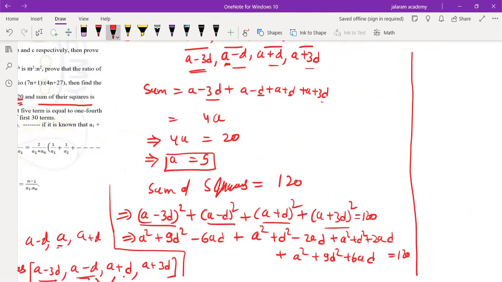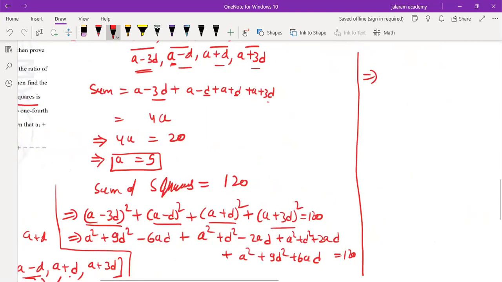And finally, if we observe it, A square plus A square plus A square plus A square is 4A square, plus 9D square plus D square, 10D square, plus D square, 11D square, plus 9D square, 20D square. Minus 6AD plus 6AD cancelled out. Minus 2AD plus 2AD cancelled out. So only the right hand side will be there.